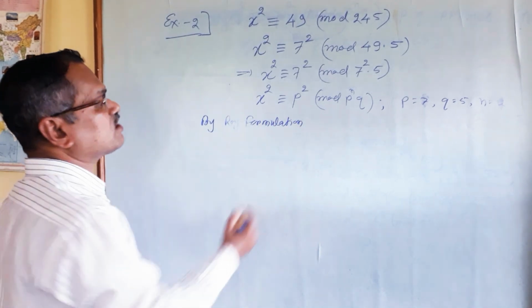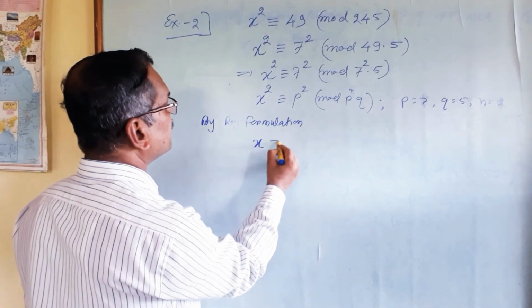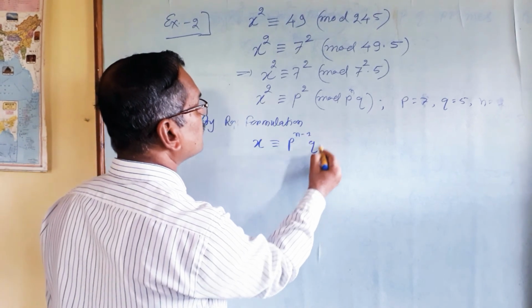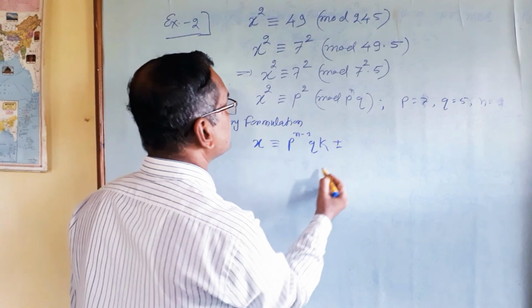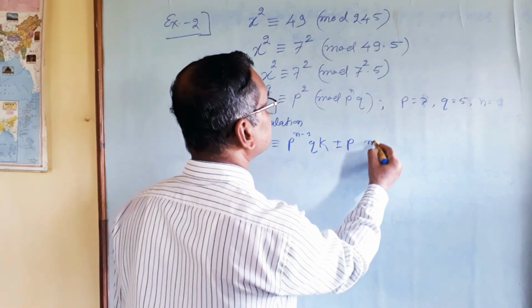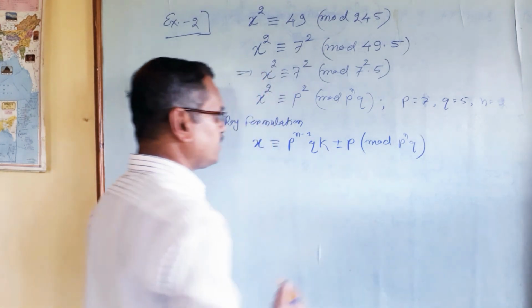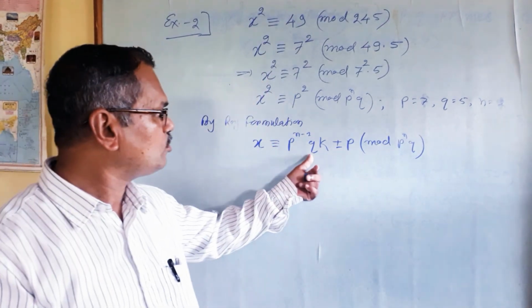By Roy formulation x is congruent to p power n minus 1 q k plus minus p mod p power n q. Now put the values of p, q here.